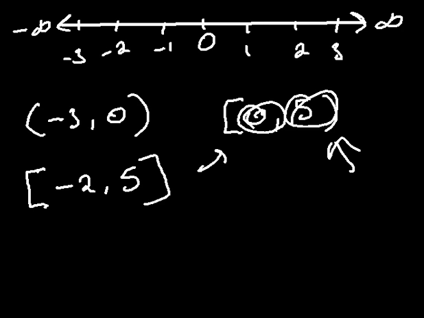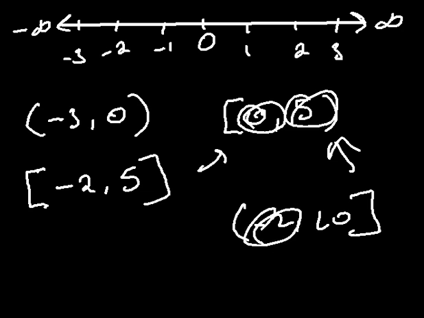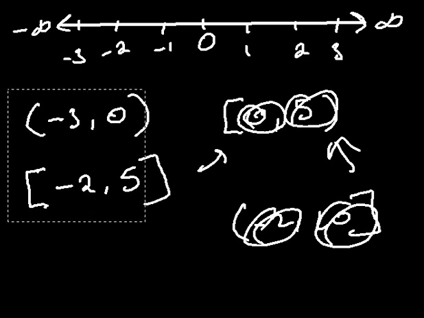Let's say we have -2 to 10, like this. Now in this case -2 is not part of the interval, but 10 is. All these are bounded intervals because they start somewhere and end somewhere with a definite number.